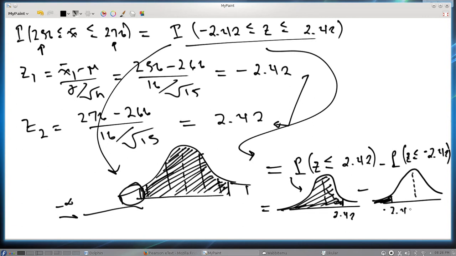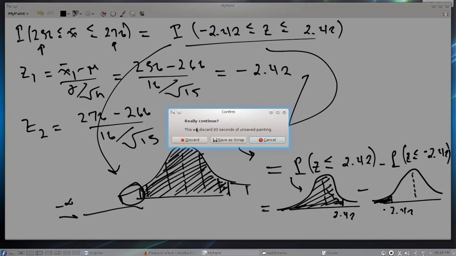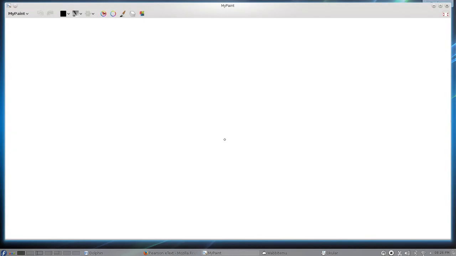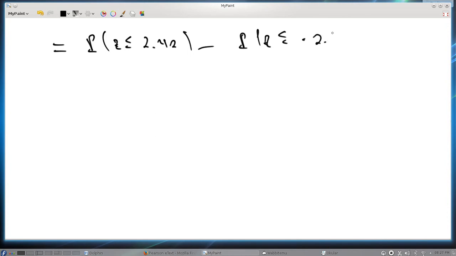So I'm going to start a new sheet here because I ran out of room. So what we have then is P of Z less than 2.42 minus P of Z less than negative 2.42. Now let's look at our table.